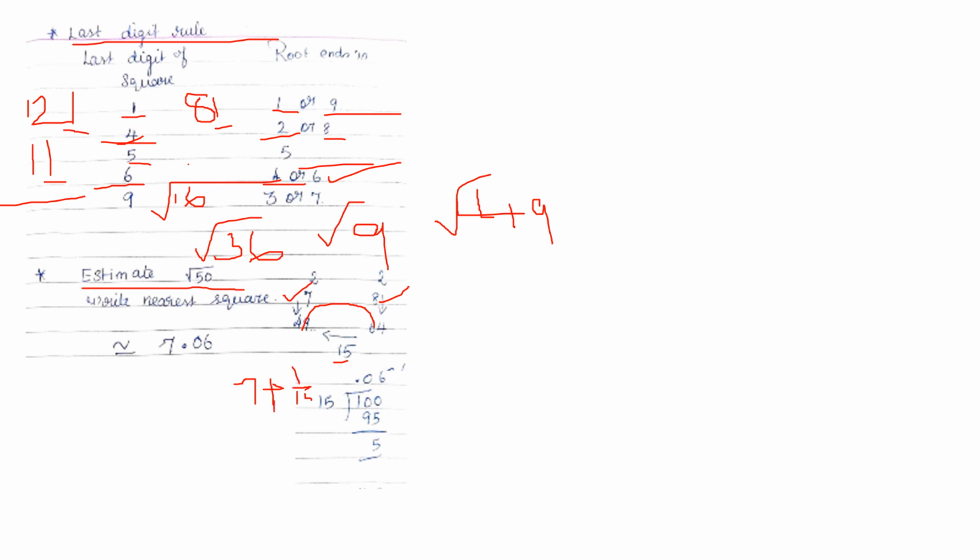You divide 1 by 15: here you put a point and add 0. Next put 0, here also 0. 6 15s are 90, and the remainder is 10. Our answer is 7.06, approximately. So the estimated square root of 50 is 7.06.